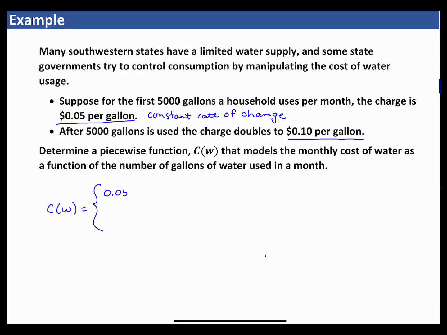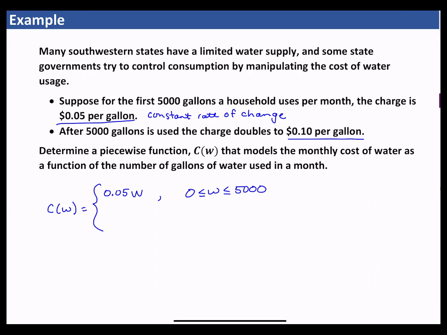So 5 cents per gallon times W is true as long as the amount of water used is between 0 and 5,000 gallons. So that would be the first piece of our piecewise function. The second piece is a little more challenging.